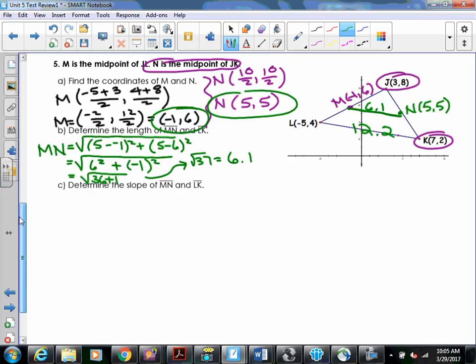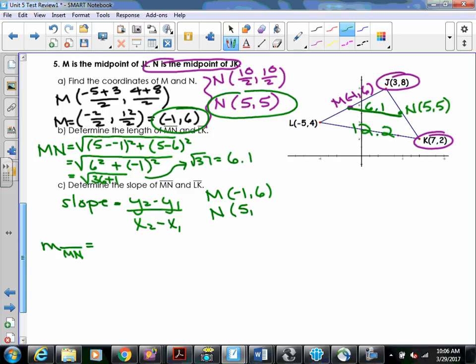To find the slope, the formula for slope is Y2 minus Y1 divided by X2 minus X1. Now they want the slope of segment MN, so you use the coordinates for M and N. For M, the coordinates are negative 1, 6, and for N, it is 5, 5.